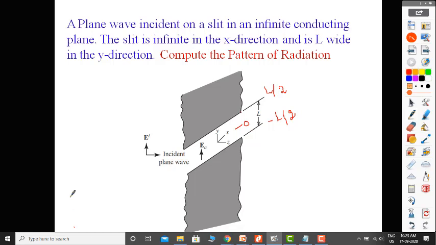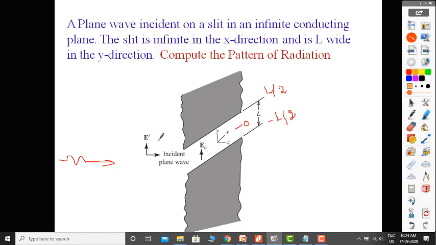Now, an electric field is incident from the left side of the plate. There is an electromagnetic wave traveling from the left side of this plane, where the electric field of the wave is oriented along the y-axis.